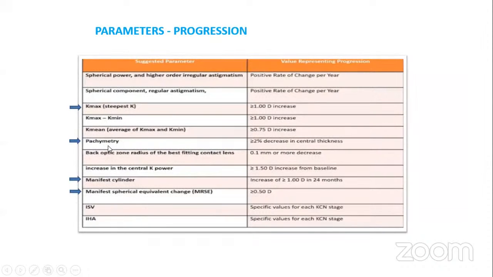Pachymetry is the corneal thickness, which can be seen in the corneal thickness map. So when the Kmax change is more than 1 diopter, and if there is more than 2% decrease in the central corneal thickness, and if there is a change in cylindrical power of more than 1 diopter in 12 months, or a change in spherical equivalent of more than 0.5 diopters in a 3 month interval, then it is considered that the keratoconus is progressing.